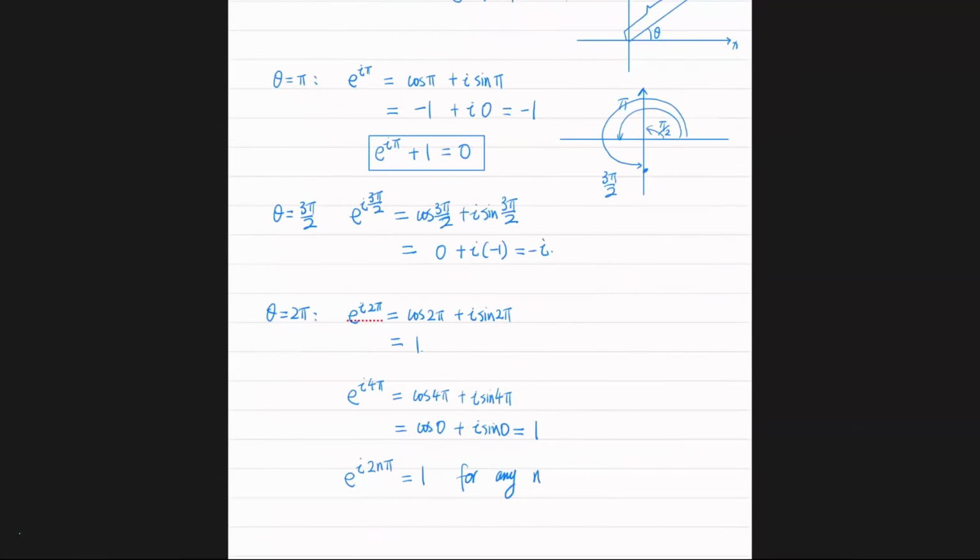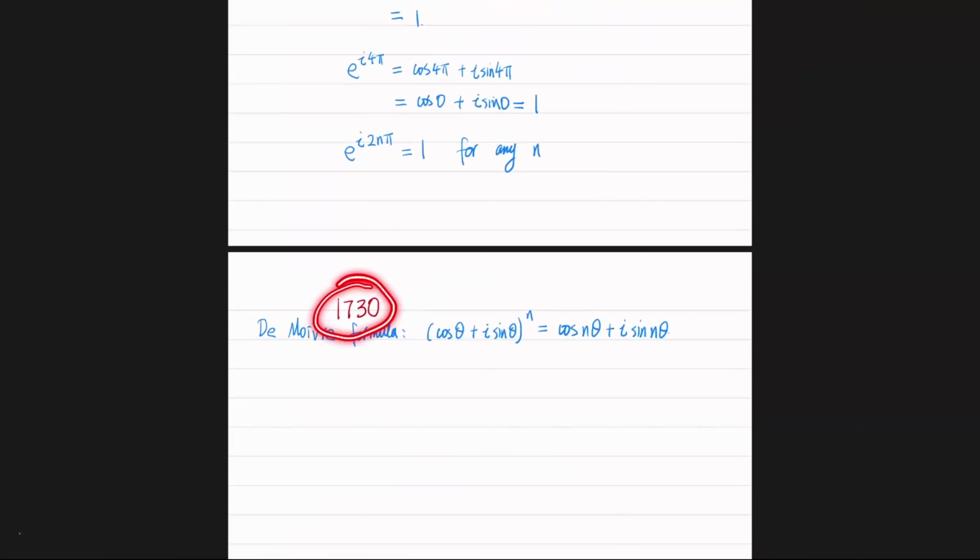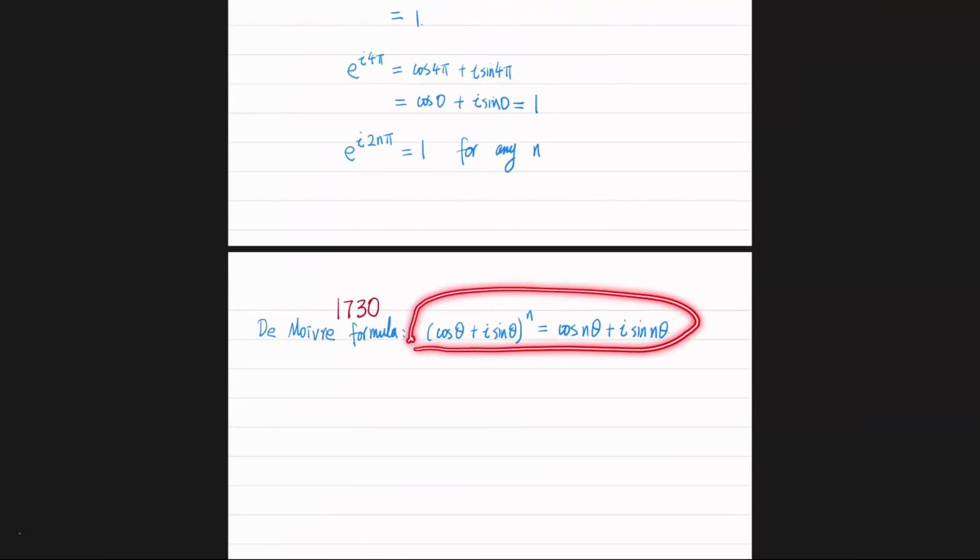So he found that for any theta, if we raise to a power, we don't have to do all the power, we just need to multiply the angles. So Euler made an improvement on this formula. Euler observed this can be extended to any numbers, not just integers. So you can compare Euler's formula with the integer case.